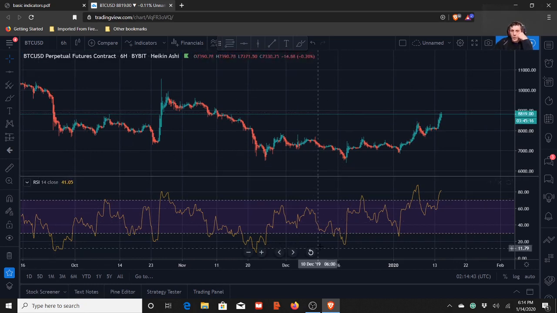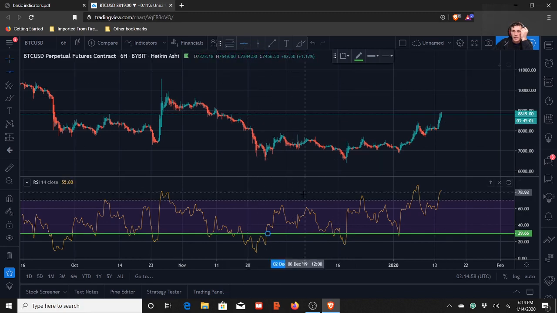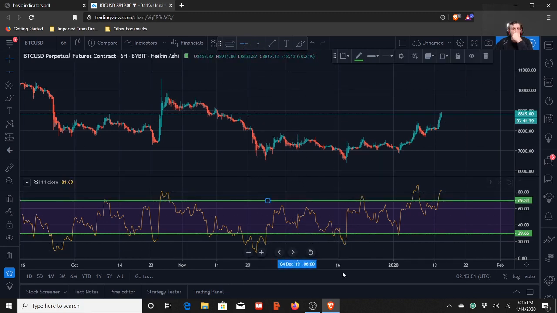So if I was going to long, I see down here that we're way, way, way in the oversold area. But I'm going to wait until we break that 30 mark. Get my lines back up here. We break the 30 mark, then I will enter.